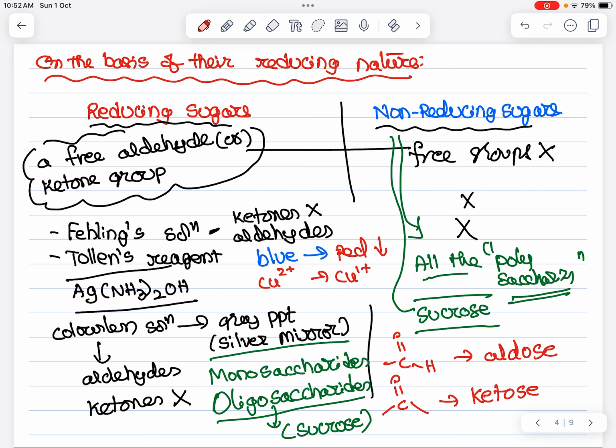On the basis of carbon atoms, if it contains 3 carbon atoms and has an aldehyde group, then it is called aldotriose. And if it contains a ketone group, it is called ketotriose. If there are 4 carbon atoms and an aldehyde group, it is called aldotetrose, and for ketone, ketotetrose. Like that, aldopentose, ketopentose, and so on.